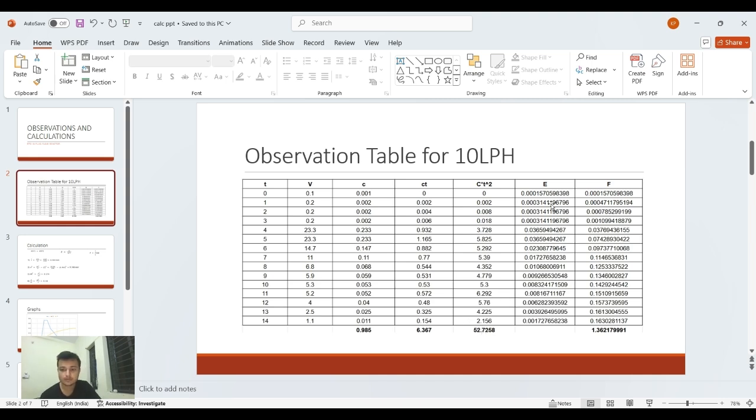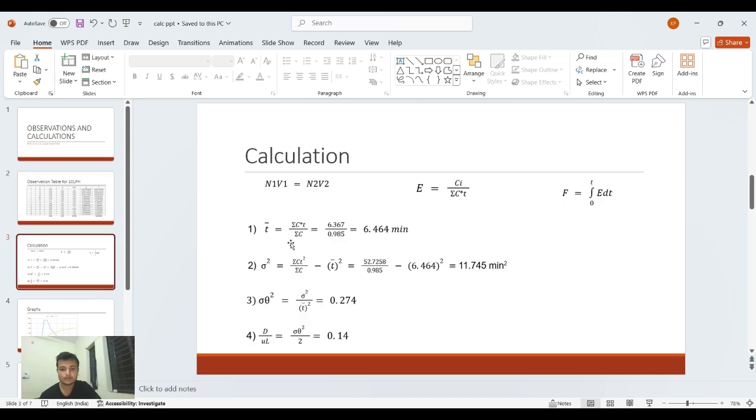After this, for the calculation of E, first of all, I would like to tell what is E. E is exit age distribution. It is the function that describes how long different fluid particles spend in a system before exiting. And to calculate this value, we will use this formula E equals Ci upon summation of Ct.